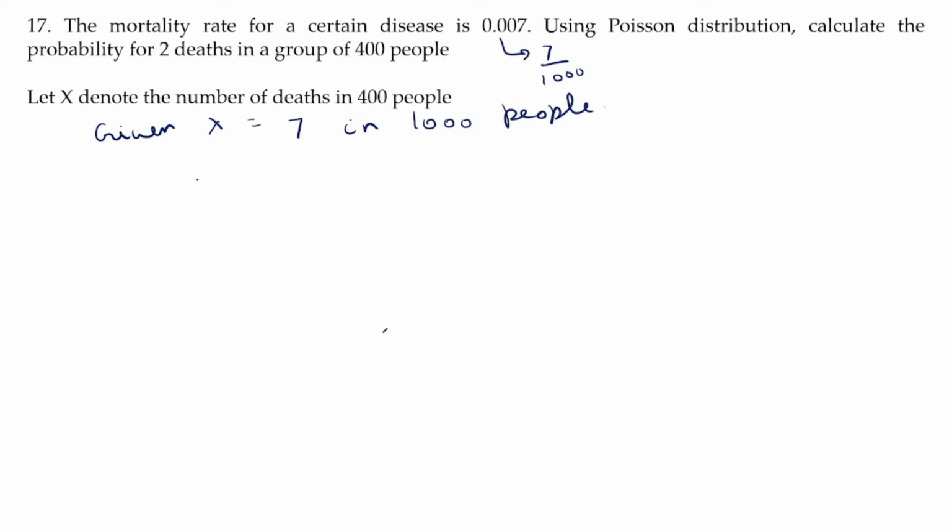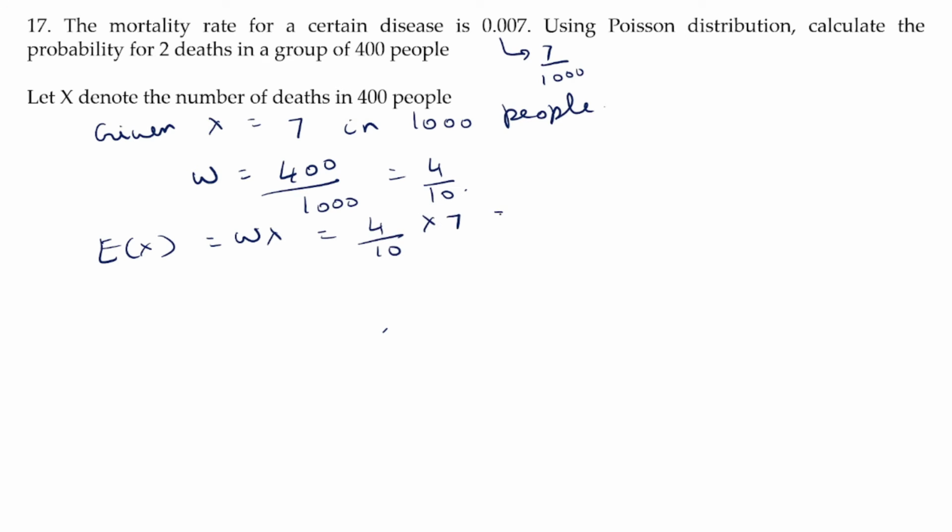So the width W will be 400 upon 1000, or we can write it as 4 by 10. Now, expectation of x will be W lambda. So it is 4 by 10 into 7, it is 2.8. So the mean for this distribution, the deaths in 400 people, is 2.8.